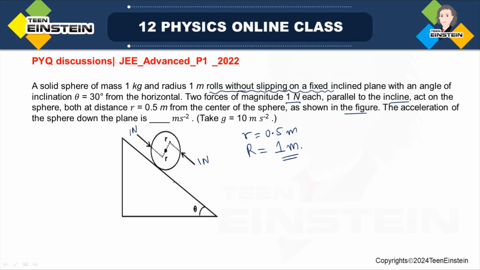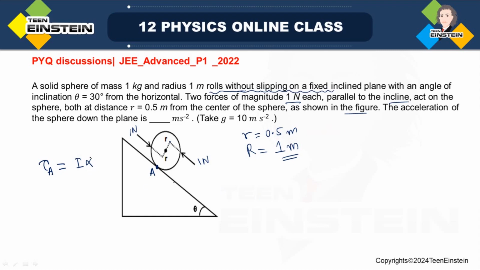So when this condition is given, rolling without slipping, I can write the torque at this point of contact, the point which is in contact with the inclined plane. At this particular point, the torque on the sphere can be written as tau A is equal to I alpha. So what is this alpha?